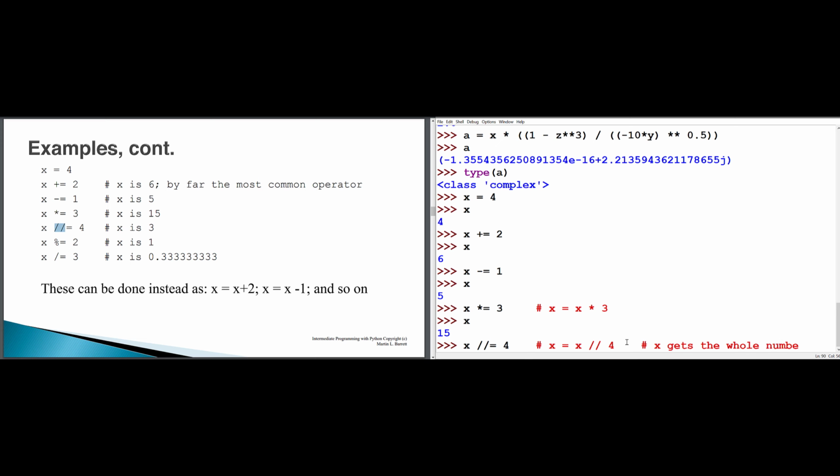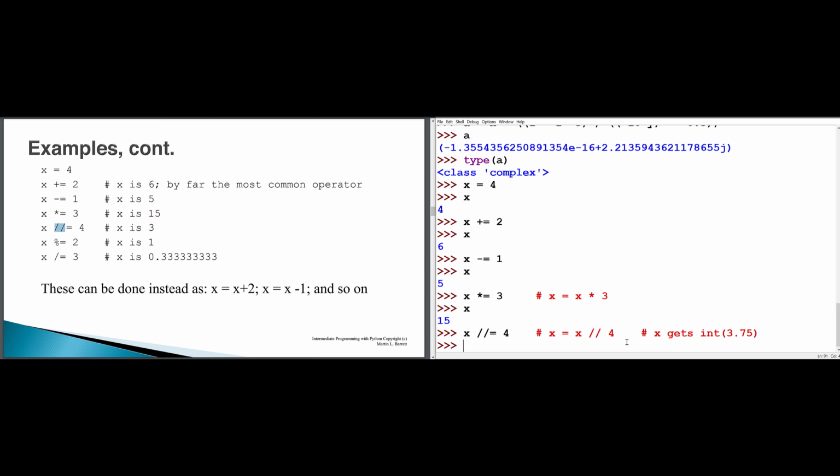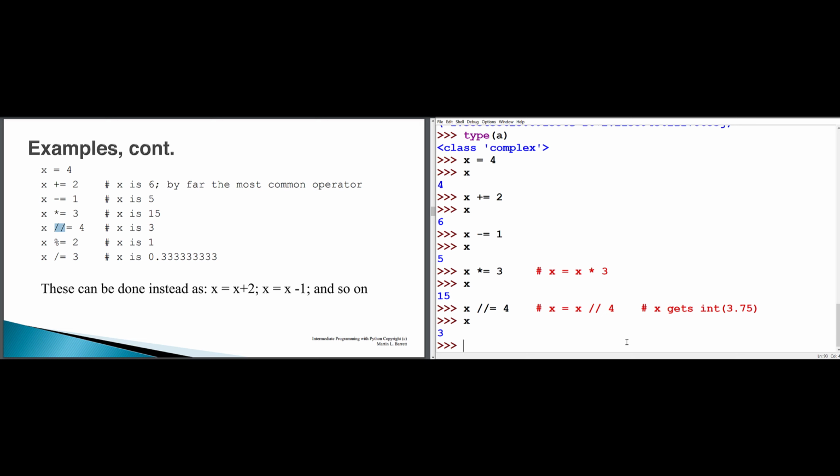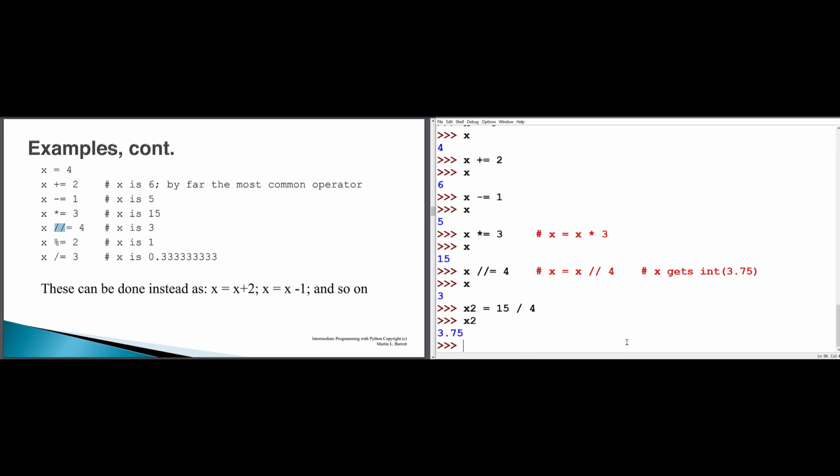I'm running out of space. So I'm going to just say x gets the int part of 3.75. Okay? And so I'm going to discover that x is the integer 3. This is quite by contrast with if I had said, and I'm going to use a different variable name, x2 gets 15 over 4, x2 is now 3.75.